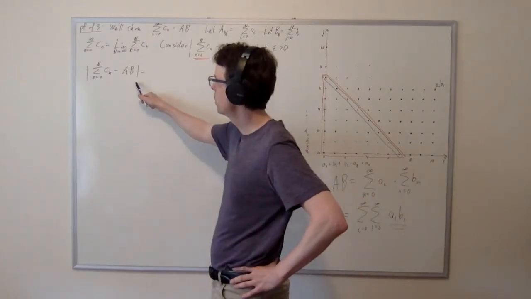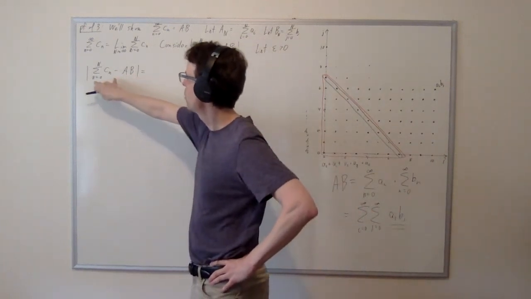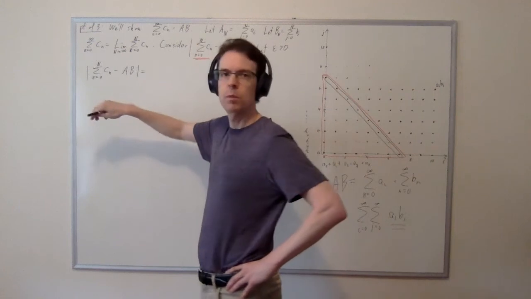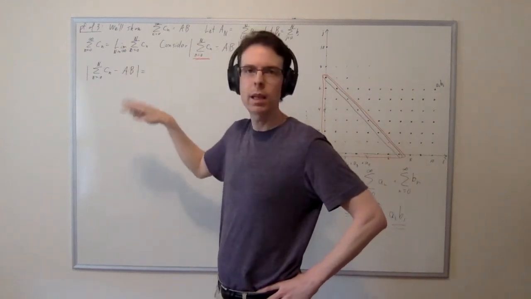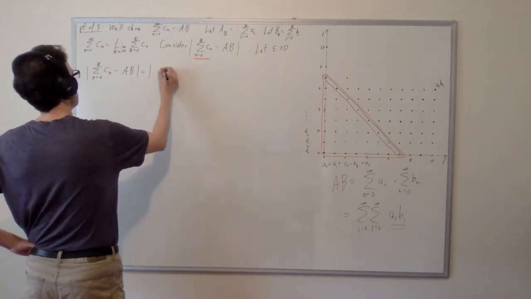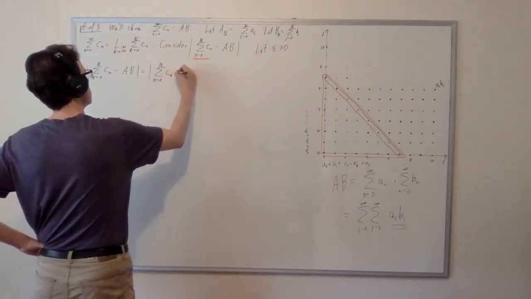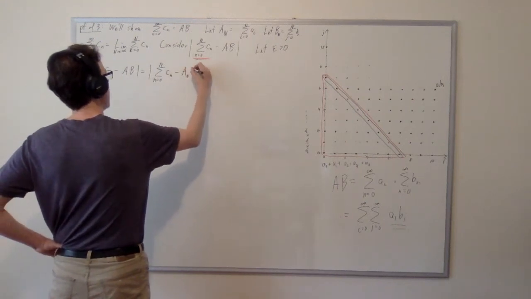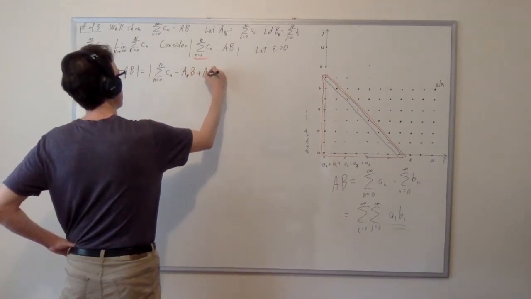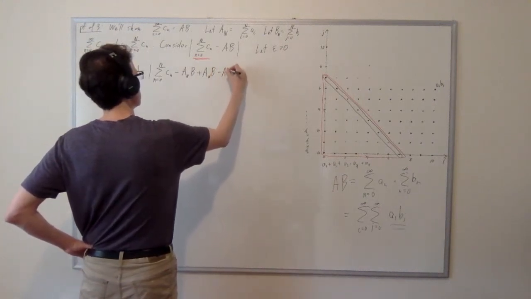All right, let's see if we can get a handle on this term. What we're going to do is approximate this by A_N times B. So we're going to add and subtract A_N times B because that will allow us to split it into two more convenient terms. We're going to take this C_n term, subtract A sub cap N times B, and then add A sub cap N times B. And then, of course, we'll have minus AB.